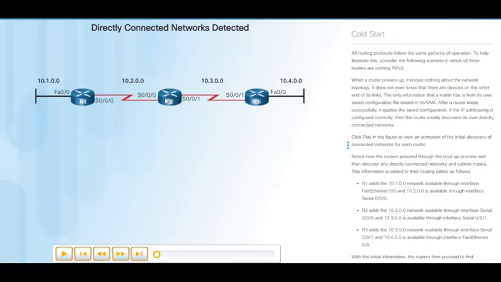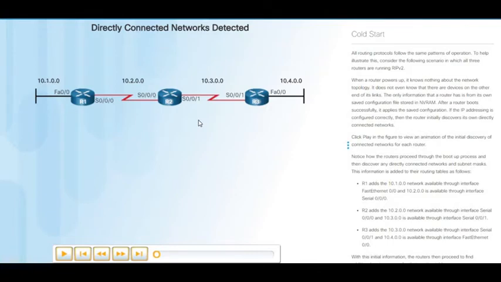Now, all routing protocols follow the same patterns of operation. When a router powers up, let's assume that you already configured the IP addresses and all interfaces are up, which means everything is running.